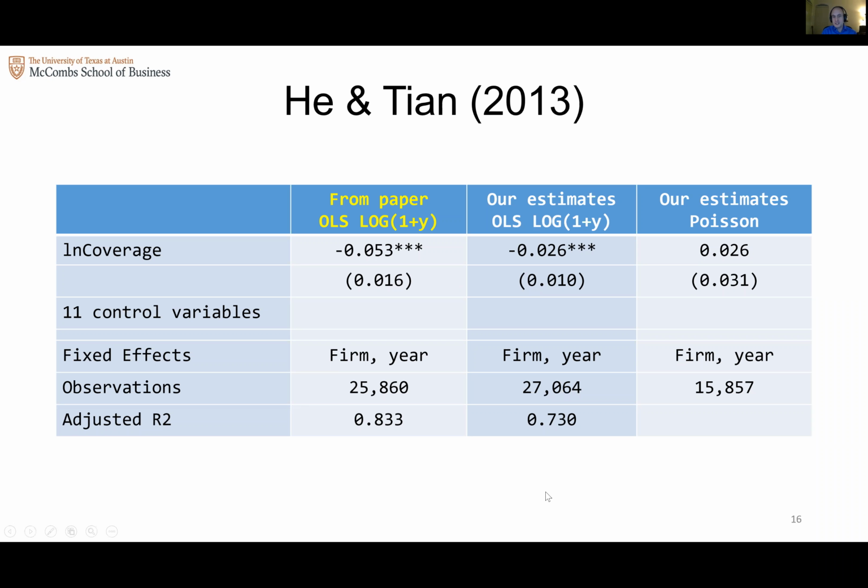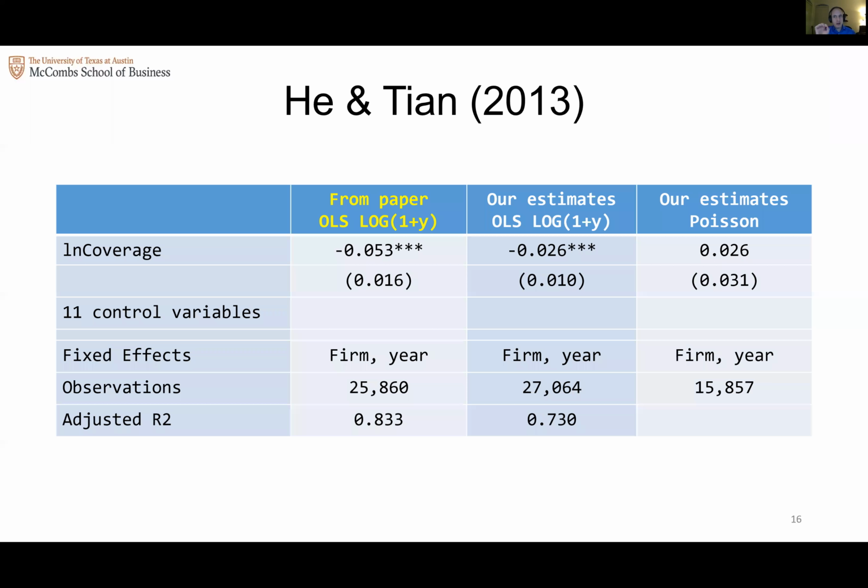And what that means is that if you actually look at the data, you have a whole bunch of firms that never actually patent. I'm not showing it here, but we were a little worried that changing the composition of the sample might be causing these estimates to be very different. So we went back and re-estimated the log of 1+y regression, using only the observations that are used in the Poisson regression. That means we're kicking out every firm that never has any patents at all.